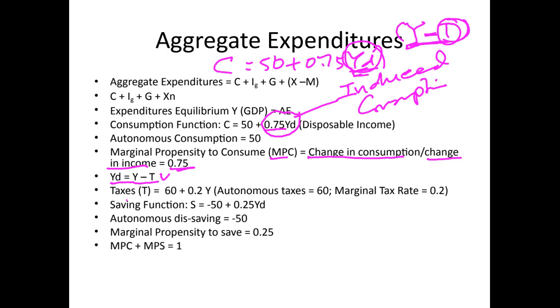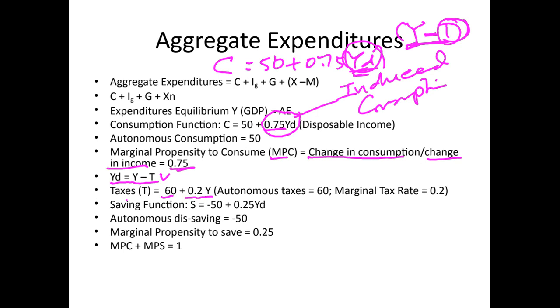I know what 60 is: autonomous taxes. Remember the word autonomous. Autonomous means independent of income. So some taxes are not dependent on your income. There are so many other taxes as well, property taxes and other different taxes. But income taxes are also there. That income tax depends on your income.